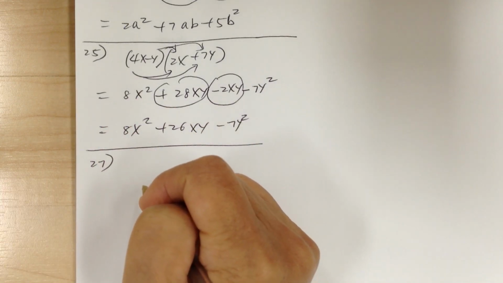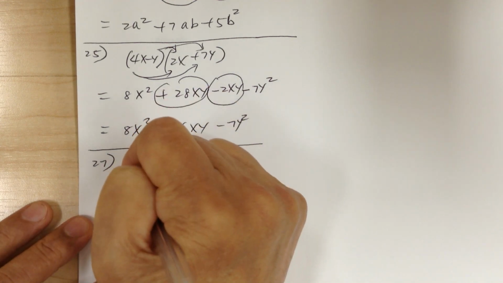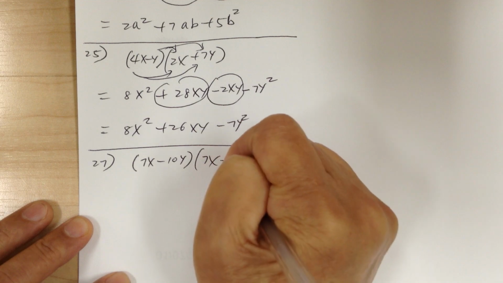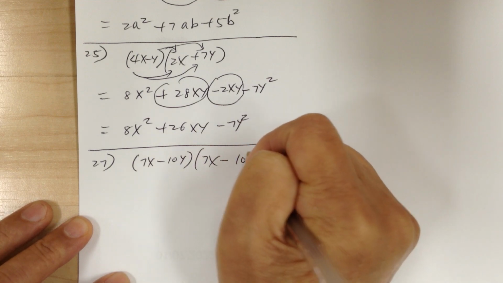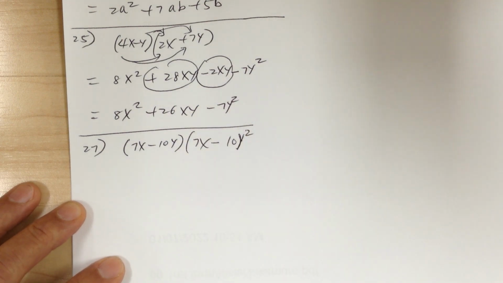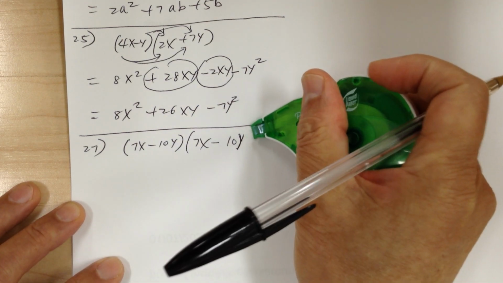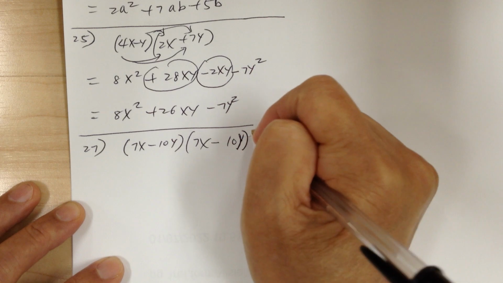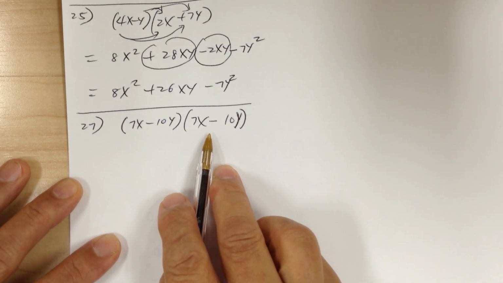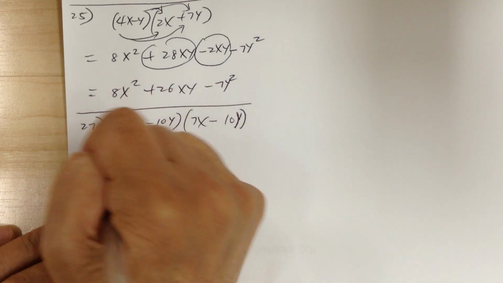Okay, 27. You have 7x minus 10y, you have 7x minus 10y. Okay, this is actually the perfect square, but they kind of write it out. So this is not a conjugate. So you have to use the FOIL method, just FOIL it out.